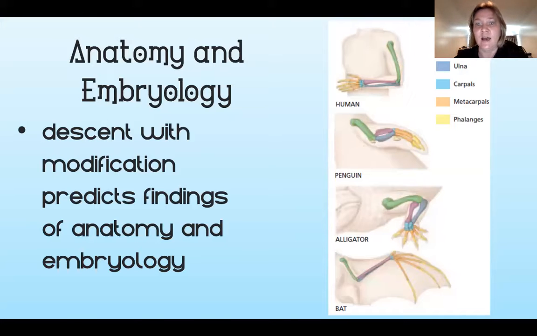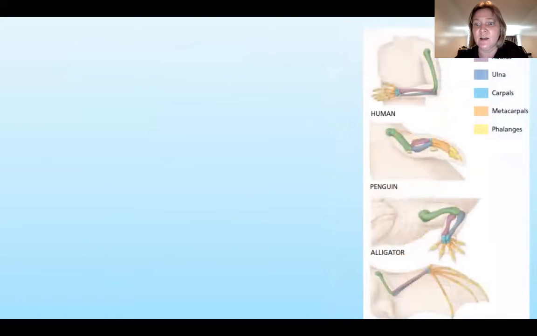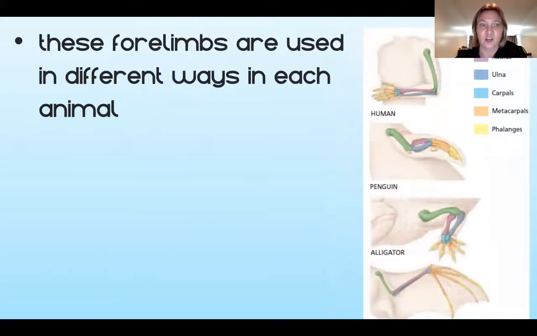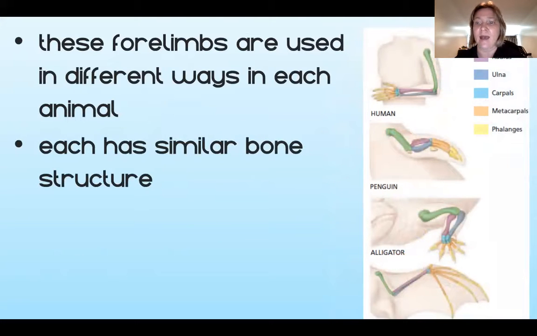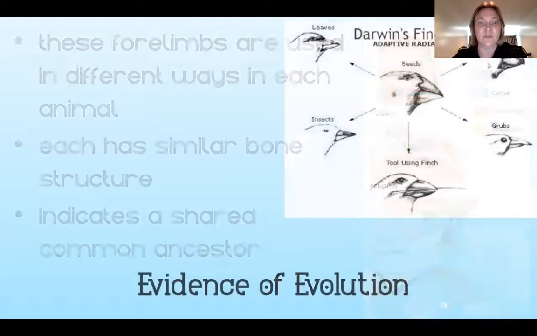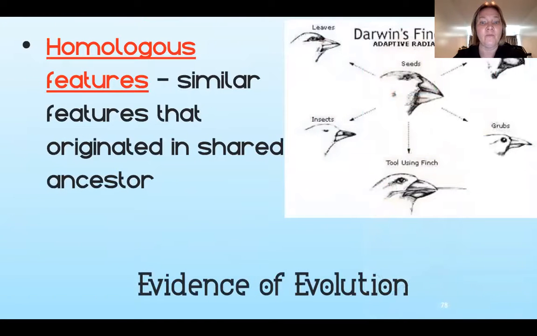You can see how the bone structure in each of these would seem to indicate that they share some kind of ancestor in the past, because the bone structure is similar, even though the hand, the penguin flipper, the alligator foot, and the wing of a bat all have different functions, but they're still made with the same bone structure.